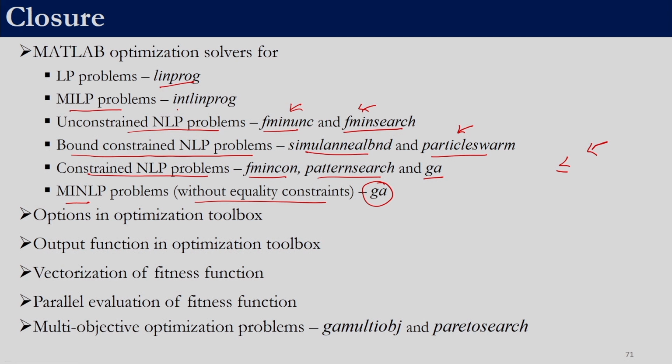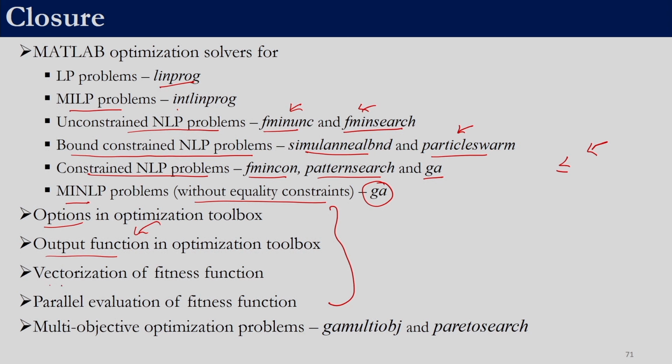We also looked into these 4 features available in MATLAB with respect to optimization solvers. We looked at how to override the default options. We also discussed how to have an output function, which is called at the end of every iteration. So, if you want to modify something at the end of every iteration, we can write it in a function file and use this output function feature of MATLAB.